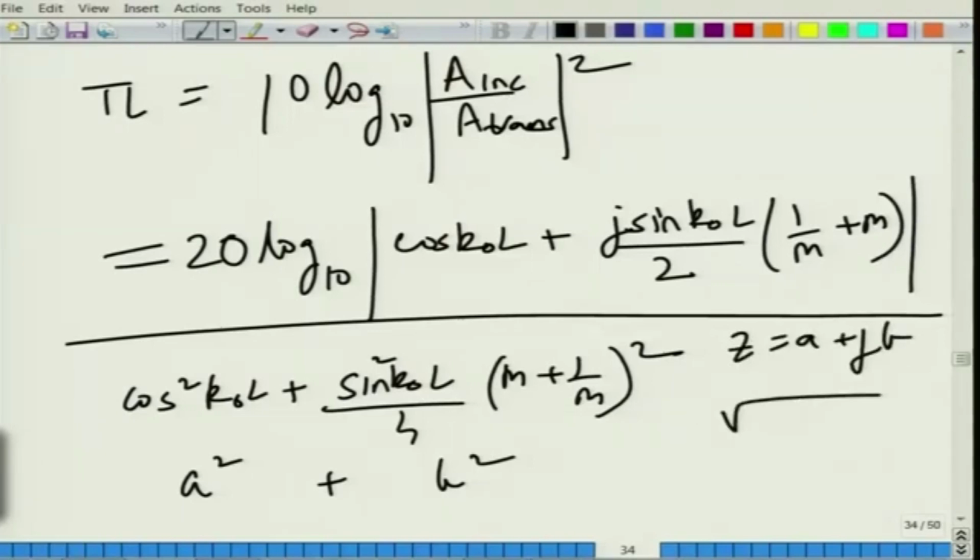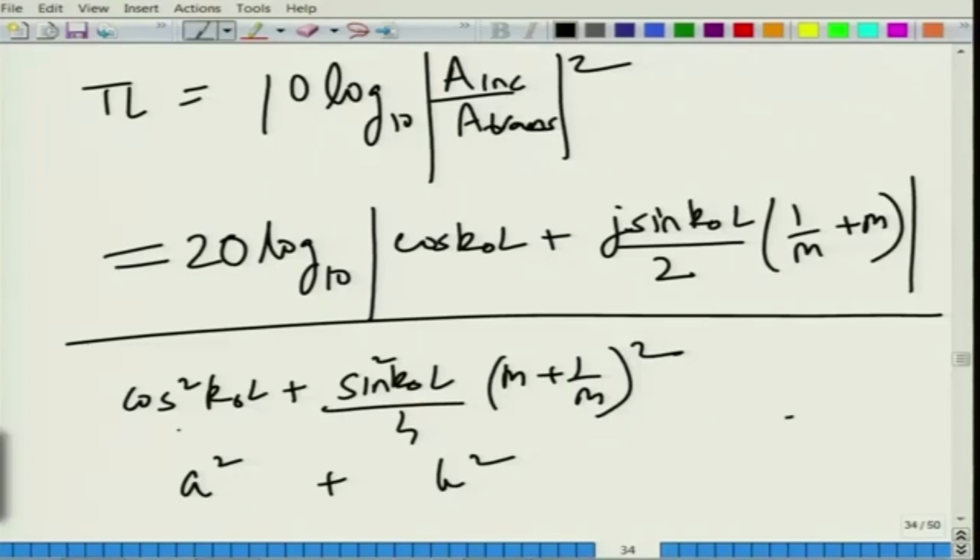It is the root of a square plus b square. So, this is your real term, cos square k naught L, plus sin square k naught L by 4 into (m plus 1 by m) whole square. Okay, that is what we are going to get.